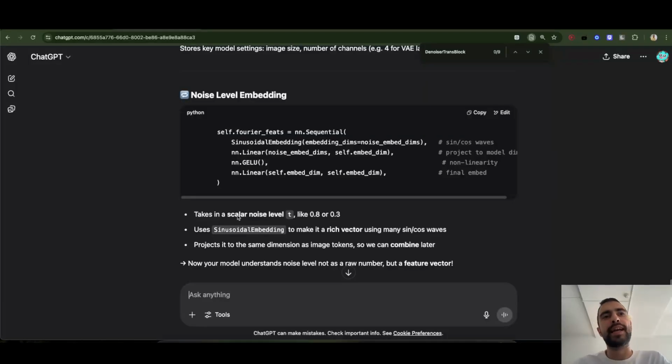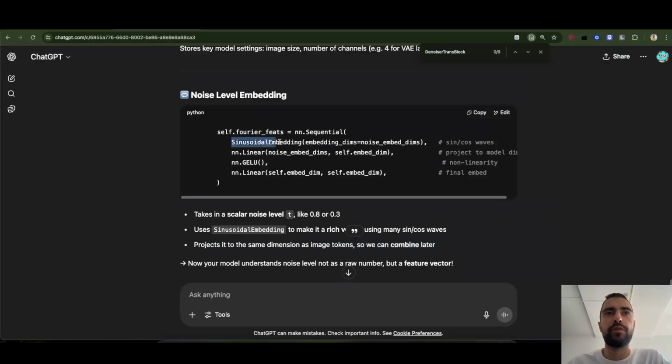It takes a scalar noise level like t, so like 0.8 or 0.3, and uses sinusoidal embeddings that we created earlier in the video, and makes it a rich vector using many sine and cosine waves. The embedding, you remember, projects it into the same dimension as image tokens, so we can combine later.